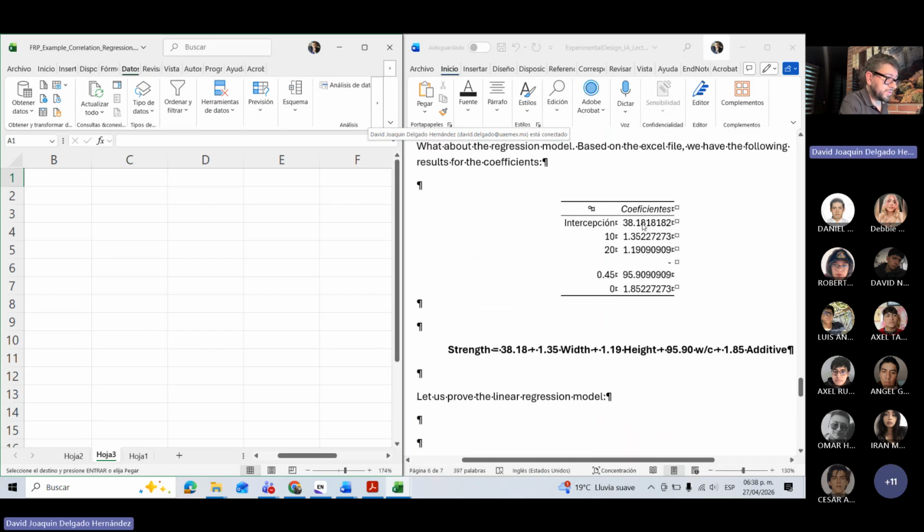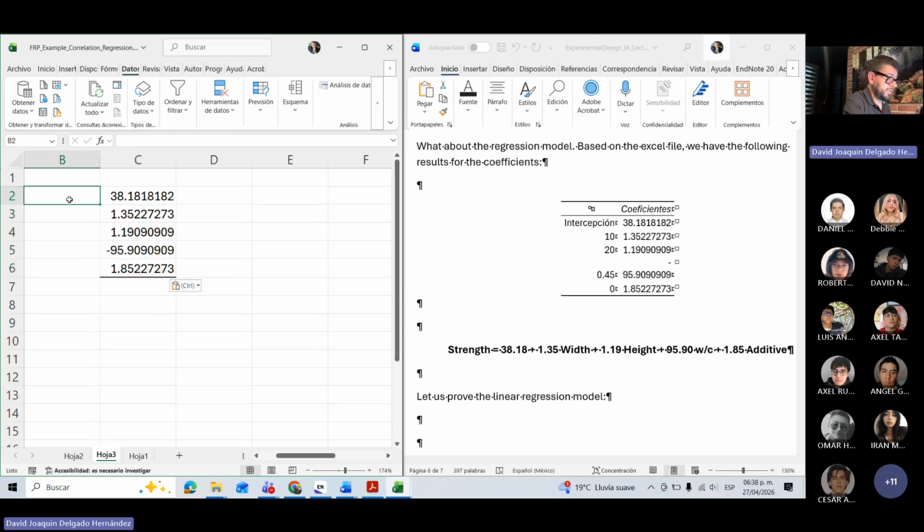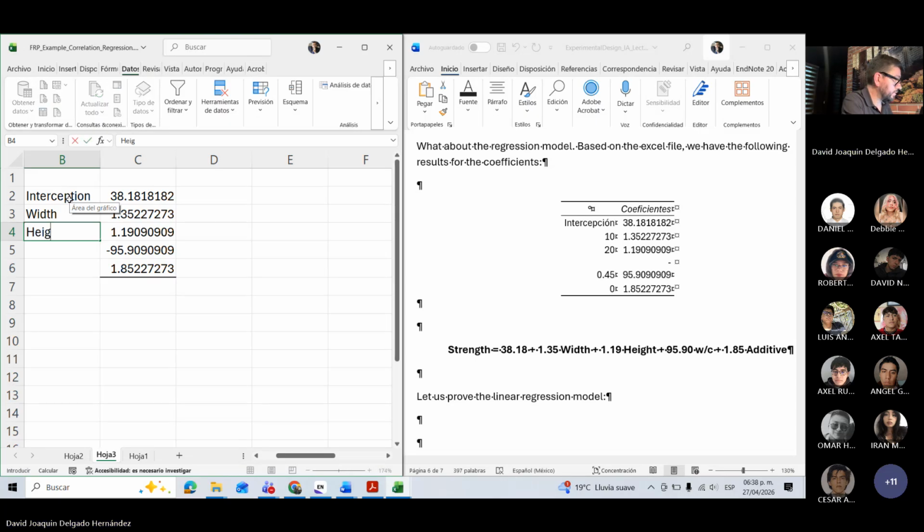This will be much better. So I am going to copy these coefficients. Here we are. So the first is the intercept. The second is the coefficient for the width. Then this is the coefficient for the height. This one is for the water-cement relationship. And finally, the additive. Okay.